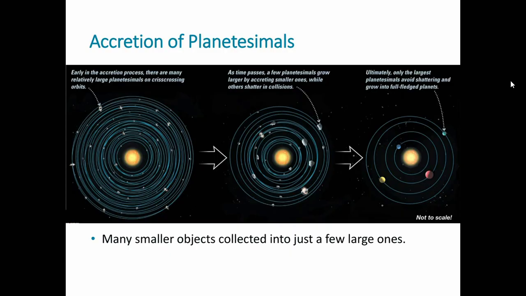Eventually they'll collide with each other and build up into larger and larger planetesimals until they've cleaned up all of the debris in their orbit, and they're now a planet that is spherically shaped and in a nice stable orbit with nothing else that it's going to hit, really. So you start off with a lot of small objects that build up into larger objects.